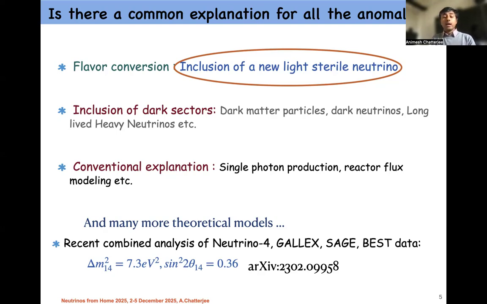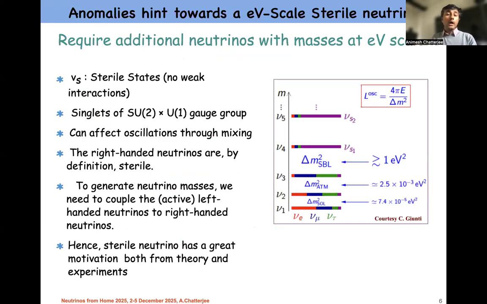The recent combined analysis of Neutrino-4, GALLEX, SAGE and BEST data clearly hints at a heavy sterile neutrino with a mass square difference around 7.3 eV square. Looking at the sterile neutrino from the theoretical point of view, as it is sterile, it doesn't have any weak interactions, but can affect the oscillation through mixings.